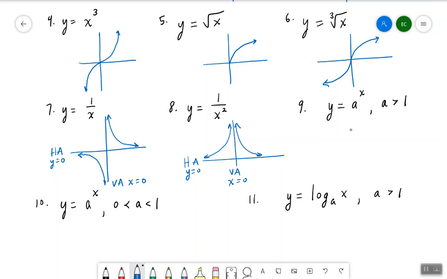And then we go to number 9, and we have the exponential function that we saw at the beginning of this video.